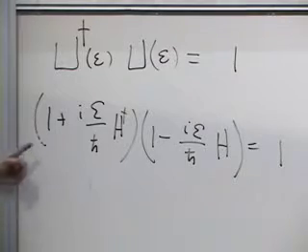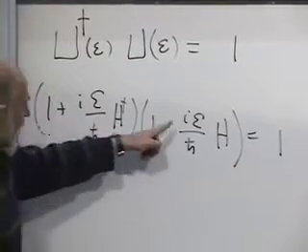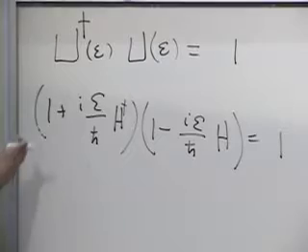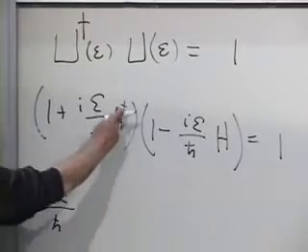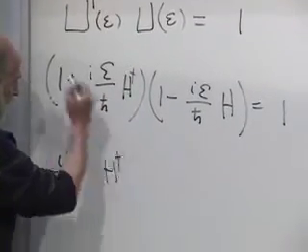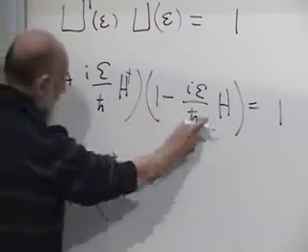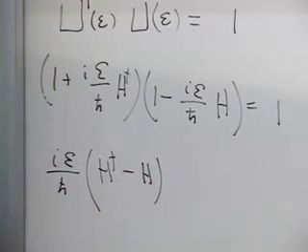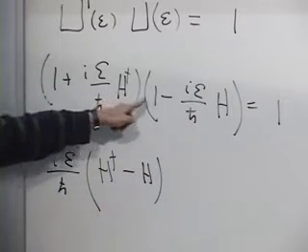All right, we multiply it out. 1 times 1 is 1. That's going to cancel this 1. Anything of order epsilon squared is too small to worry about to first order. And the only thing that we have will be an i epsilon over h bar, and then from here times 1, we'll have H dagger. But from 1 times here, we will have minus H. 1 times the minus H, and then the H dagger times the 1.